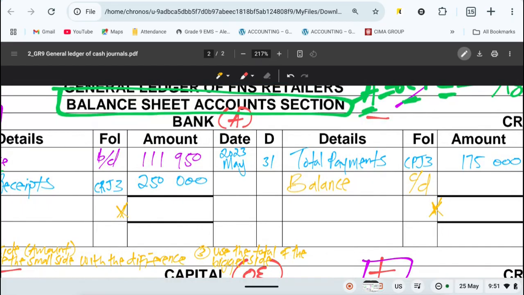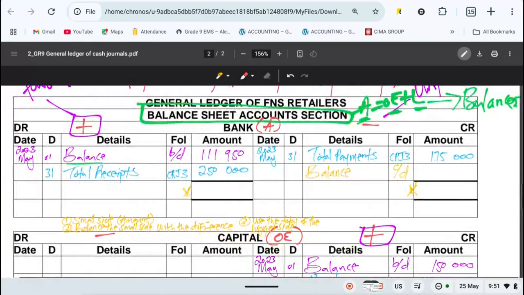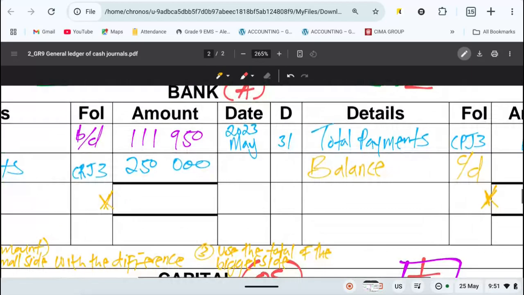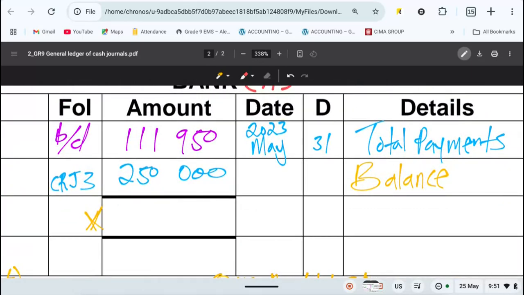So I'm looking for what? I know my smaller side is the credit side, hence I wrote balance carried down on the smaller side. And then balance the small side with the difference between what? The two sides. Okay, but use the total of the bigger side. So I'll jump on to number 3, and then use the total of the bigger side.